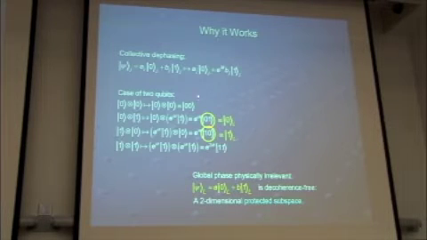There will, however, be decoherence between the 0-0 state and this state, because they get a relative phase. And that phase is random. It depends on how long the environment is coupling to a qubit. So there will be decoherence between the 0-0 and the 0-1 state, but not between the 0-1 and the 1-0 state. And that's why we should stick our quantum information in there. And what we get is a two-dimensional protected subspace, a two-dimensional decoherence-free subspace.